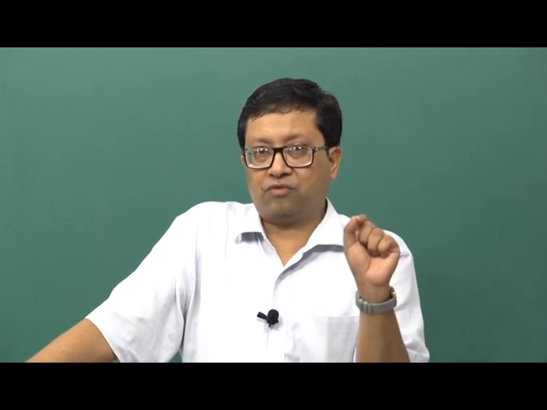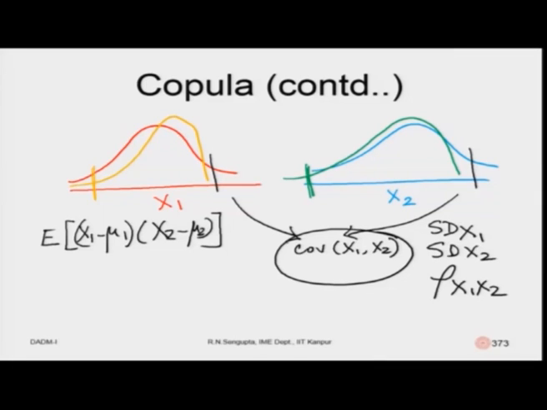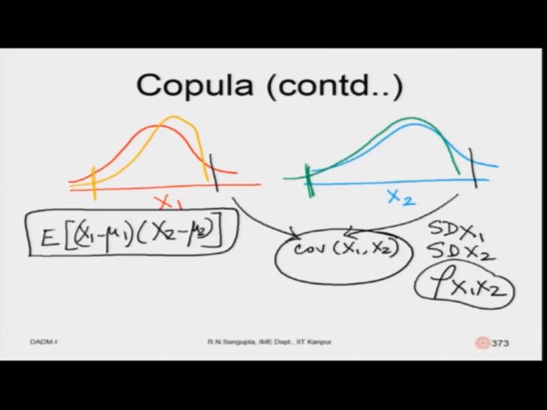Then we use the concept of correlation, which means in the normal case this covariance and this correlation coefficient are fine, but in the extreme distribution case, correlation coefficient or covariance do not give us the right picture with respect to the relationship between x1 and x2.